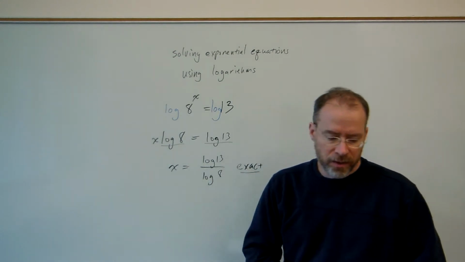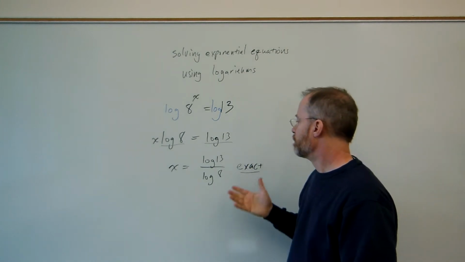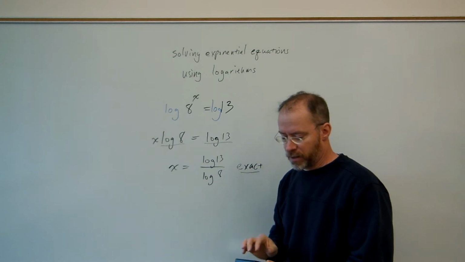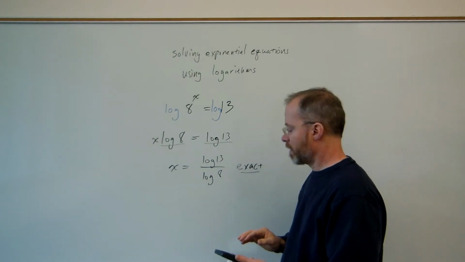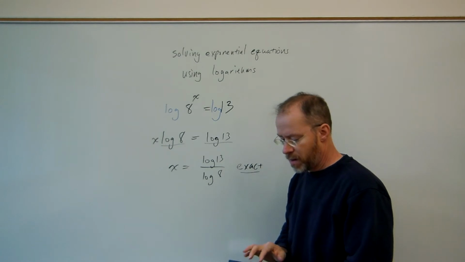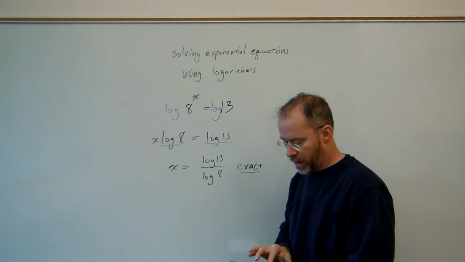In most of the settings in this week, you're going to be looking at practical situations where you want to actually come up with an approximate answer. So I'm using my calculator here to do log 13 and divide that by log 8.